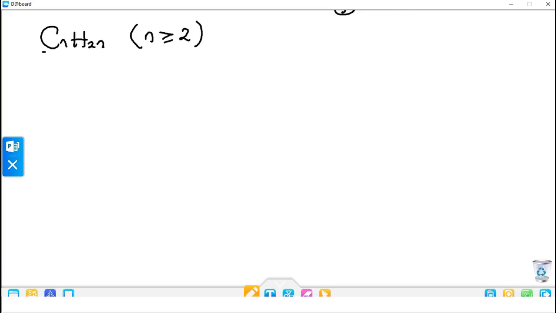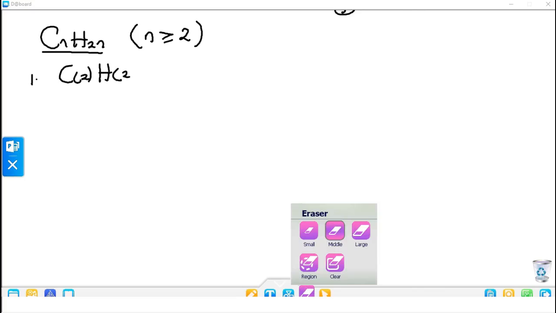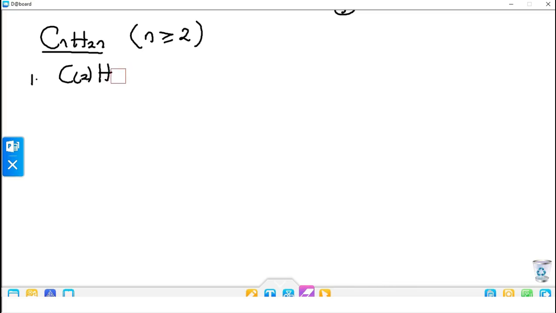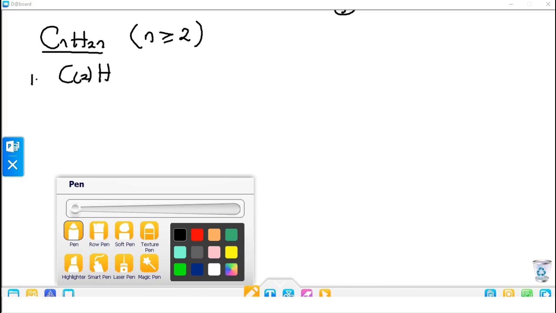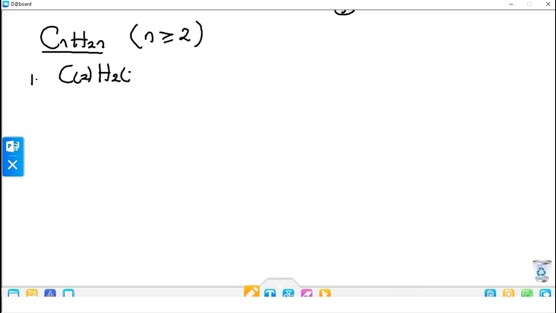So the first member will be C2H(2 times 2). That is C2H4. This is the first member of this family, and it is called ethene.